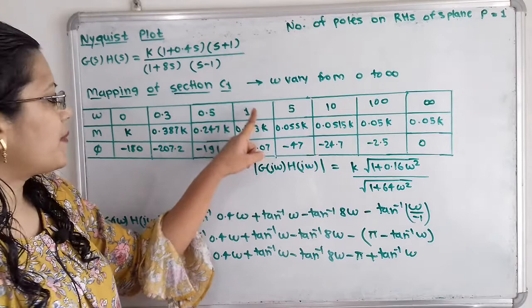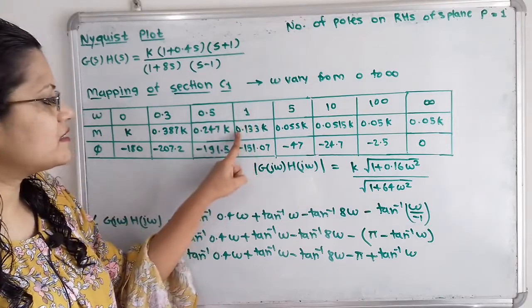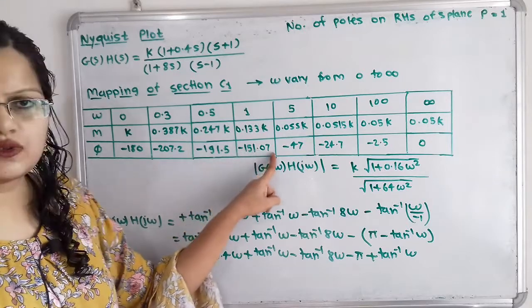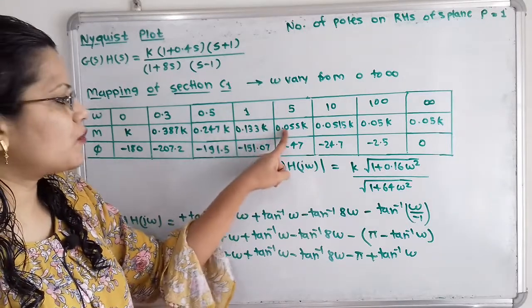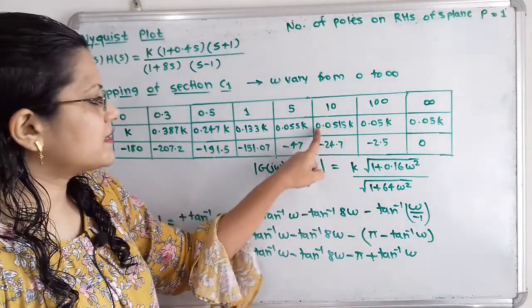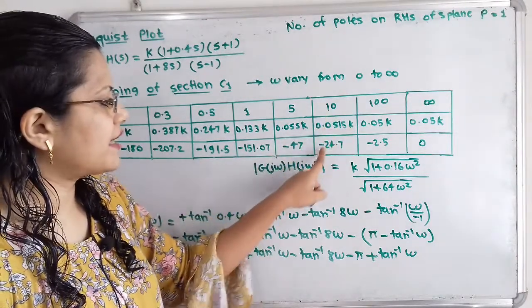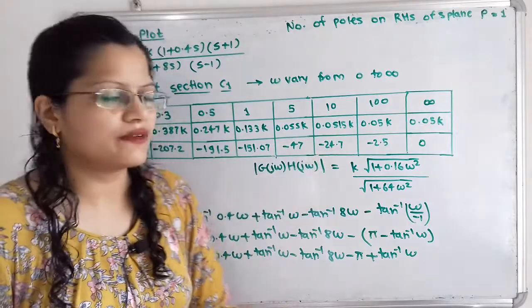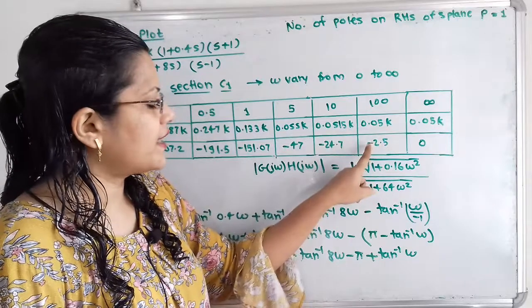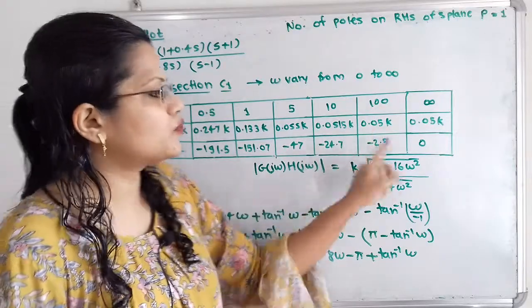Then for omega equal to 1, it is 0.133 k, angle minus 151.07. For omega 5, 0.055K and angle minus 47. For 10 it is 0.0515K and angle minus 24.7. For 100 the magnitude is 0.05K and angle minus 2.5.